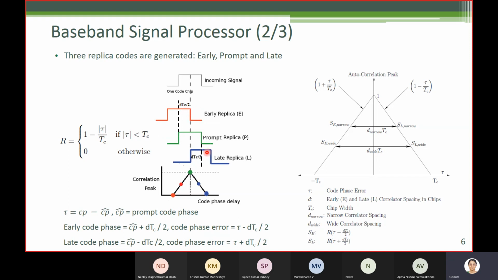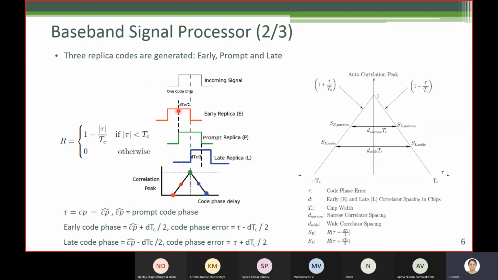How about replica early and late? Early is shifted ahead of prompt by this amount, D times Tc by 2. When you express Tc in chips, Tc is 1, so D by 2 chips. And late is shifted behind the prompt by the same amount, D by 2 chips. Now, as I said, anything on the left side has already passed, anything on the right side is yet to come.